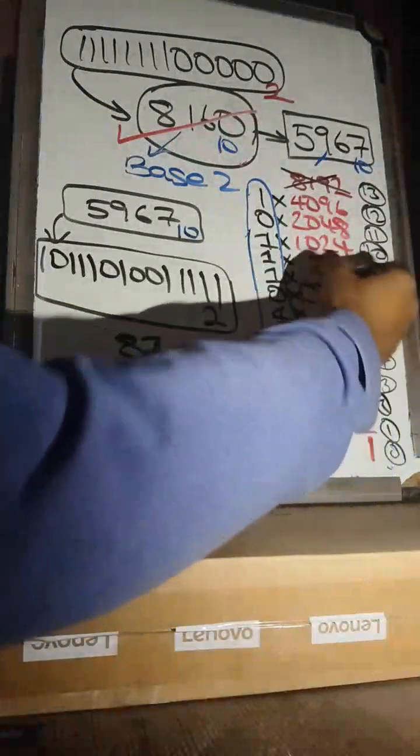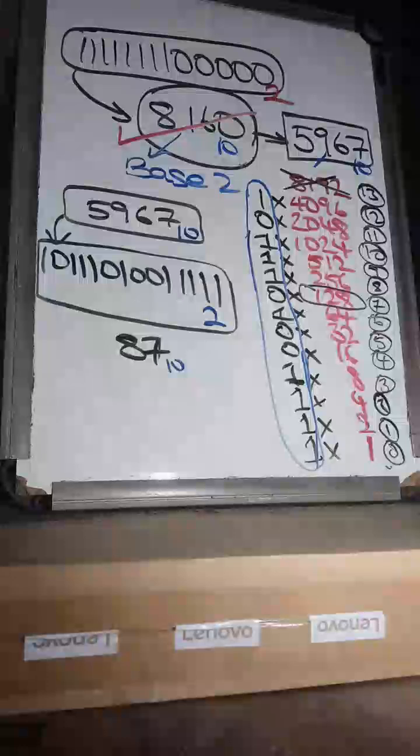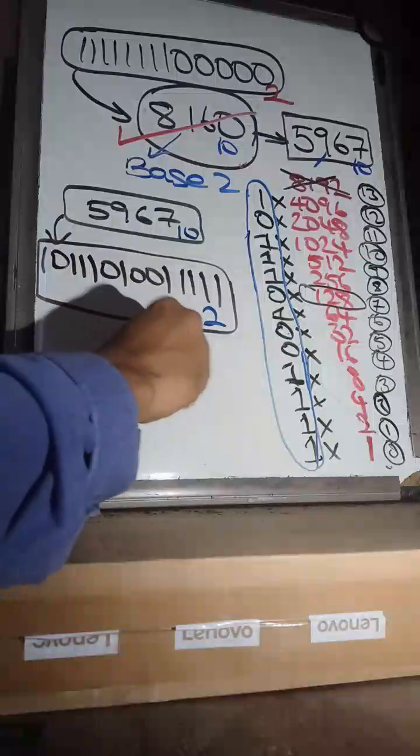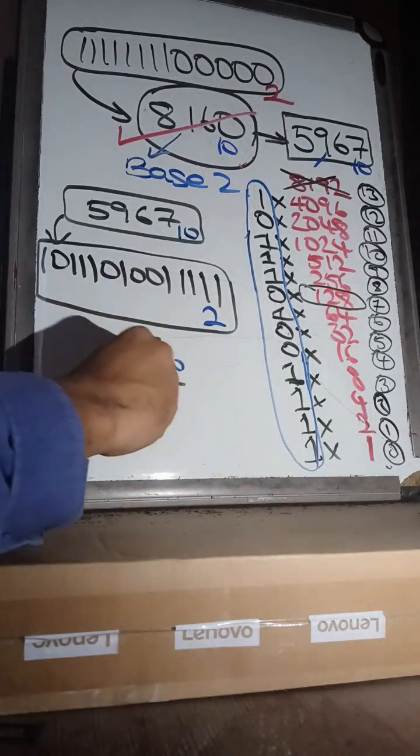Well, let's take out the first number that's bigger than 87. It would be 128. So we'd have to start with 64 going down. We can't go above 64. If we subtract 64 from this, we have a better idea of where we stand. So we have at least a 64. When we're done, we're at 23.